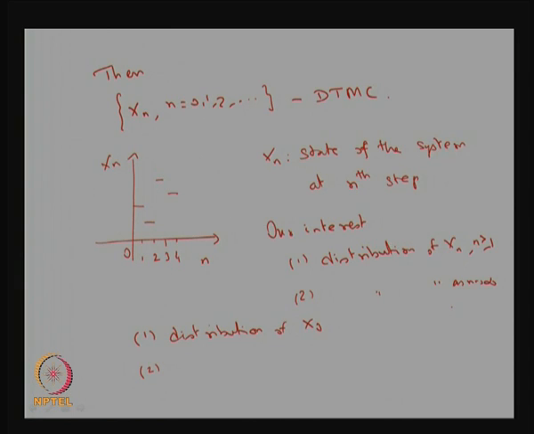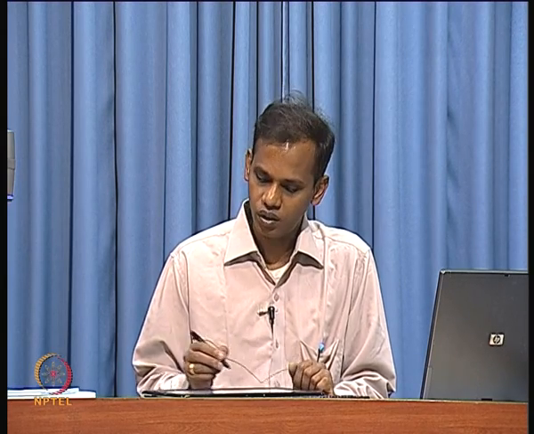For that, I am going to define a few conditional probability distributions as well as the marginal distribution for the random variable X_n. Through that, we are going to find the distribution of X_n for any n as well as n tends to infinity. First, I define the probability mass function p_j(n), which is the probability that X_n takes the value j.